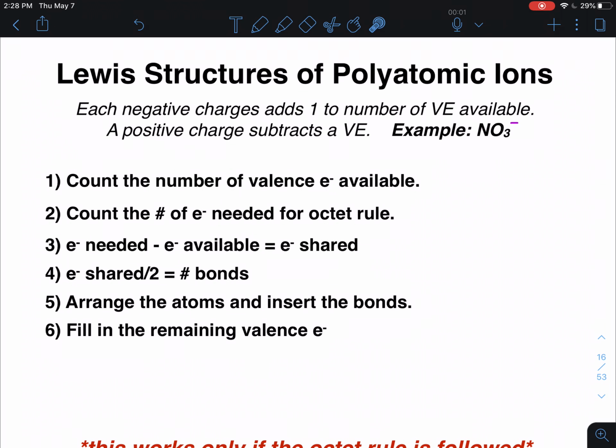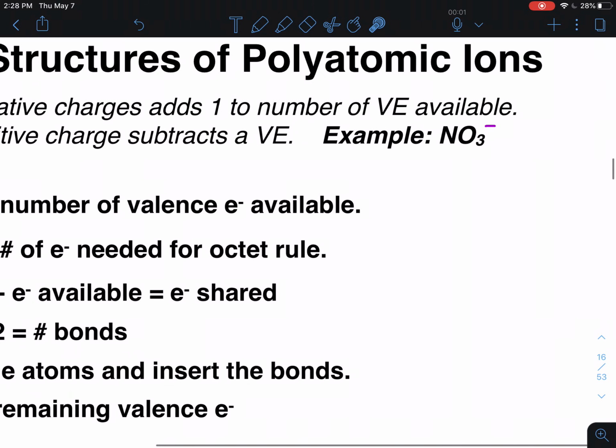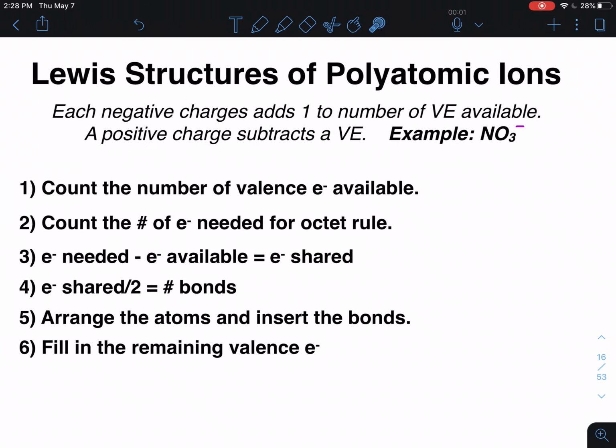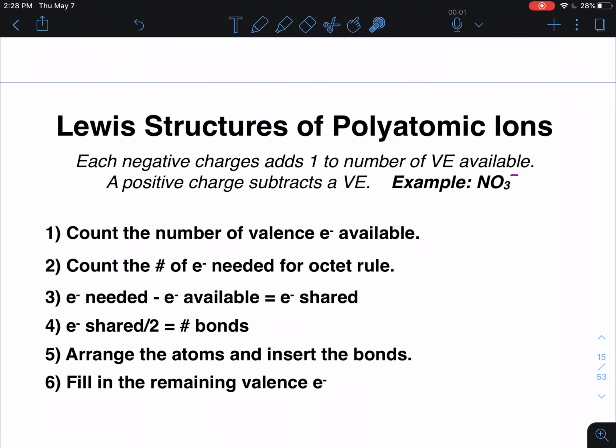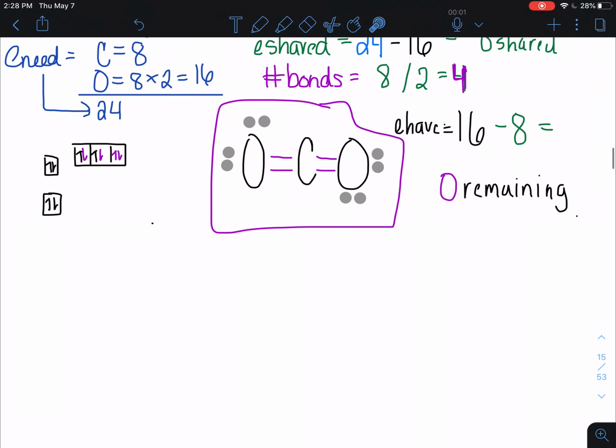Since it's just a -1, that means there's 1 extra electron floating around in NO3. Okay? So you have to keep that in mind when you're adding up your valence. So I'm going to do NO3 up here again.